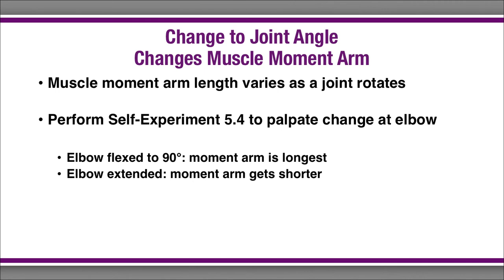Changing our joint angle can also change our muscle moment arm because the muscle moment arm length varies as a joint rotates. If we again go with this example of elbow flexion versus extension, our moment arm is actually longer when the elbow is flexed to 90 degrees versus when the elbow is extended.